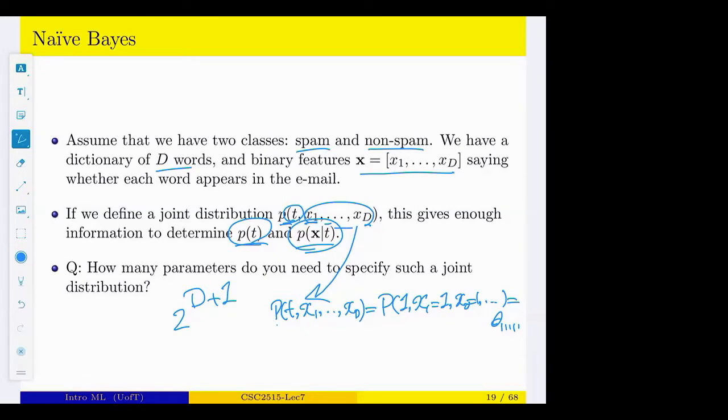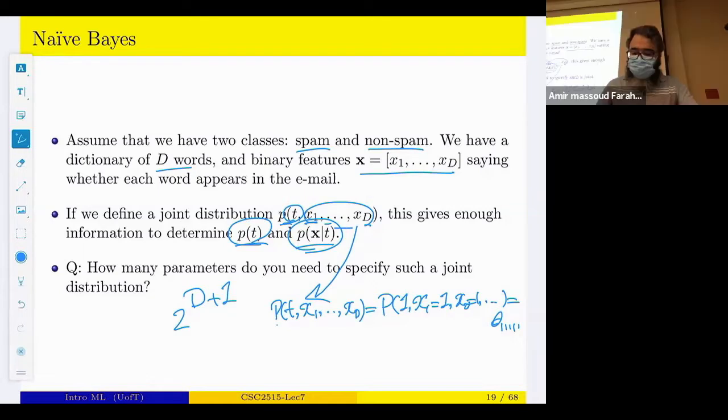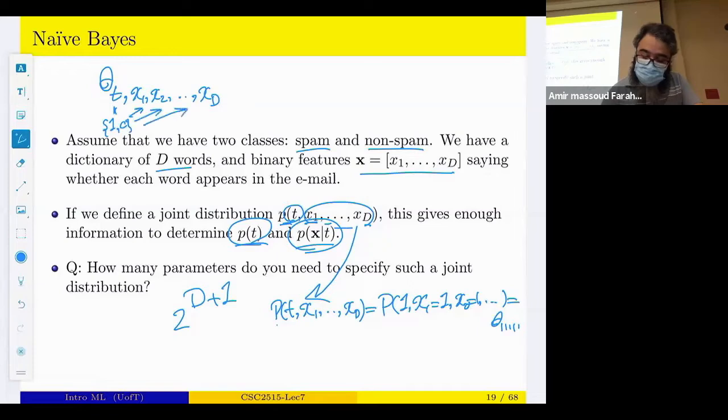So is the parameter in this case t, x1 up to xd? The parameters here would be theta of t, x1, x2 to xd, and each of these can be either 0 or 1, which would be the probability.